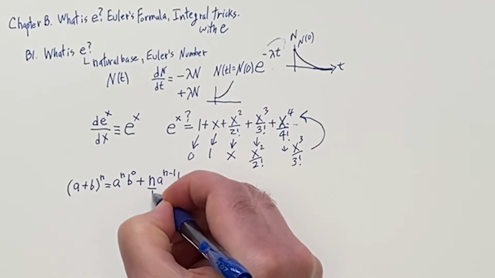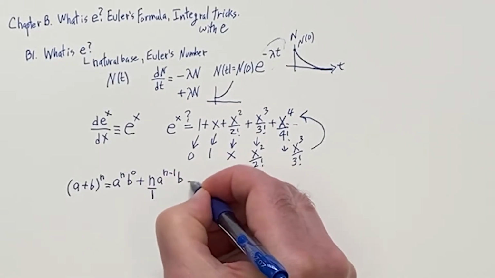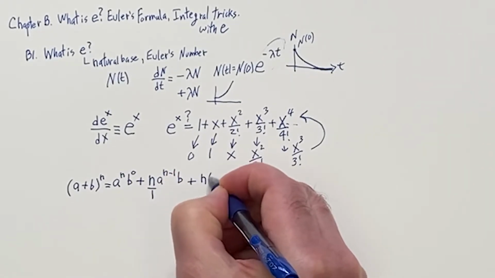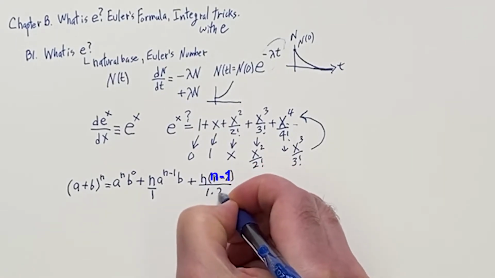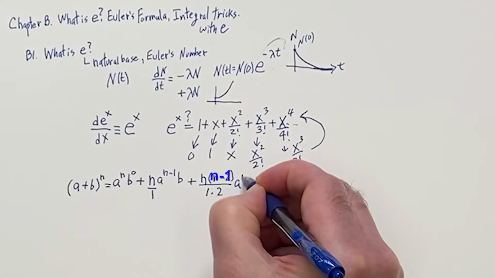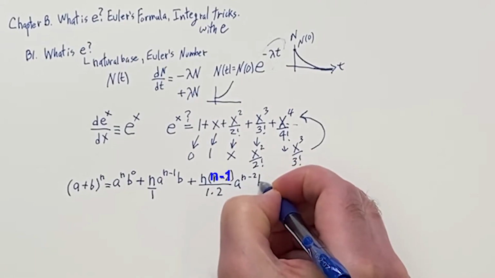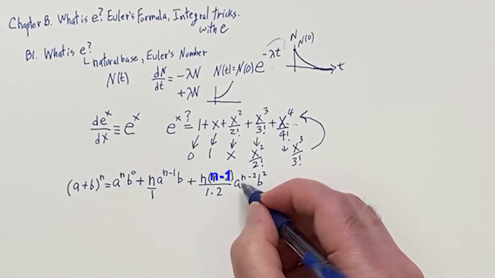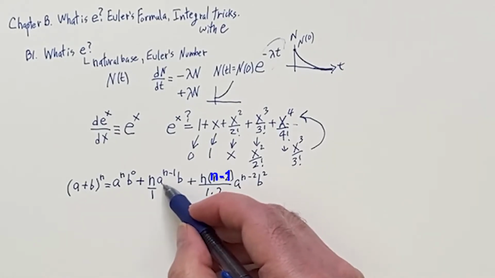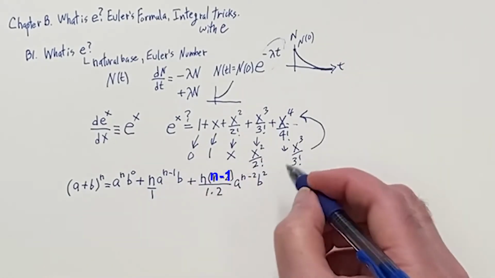And I gave you an idea to remember this by this trick. This next one is n over 1 times 2. And that's a to the n minus 2, b squared. It's like picking 2 bananas and the rest are apples. 1 banana, the rest are apples, and no bananas and all of them are apples.